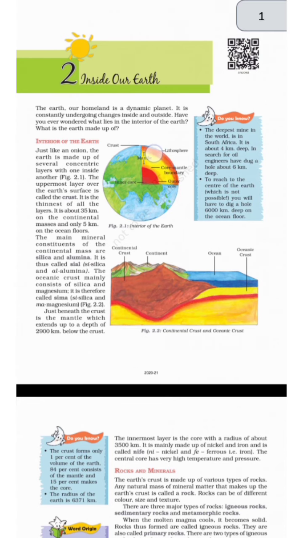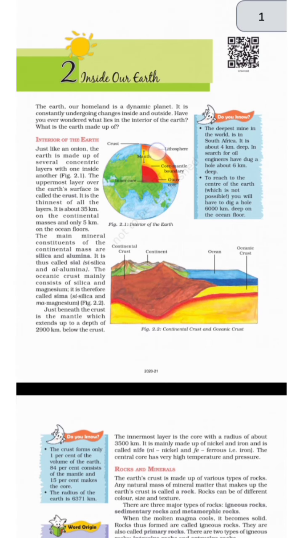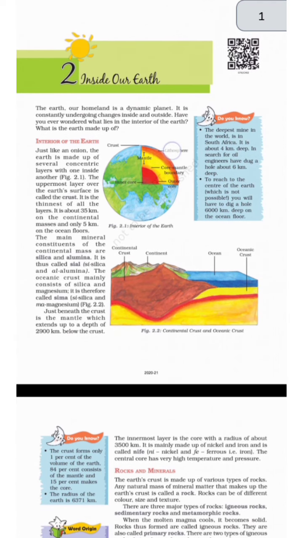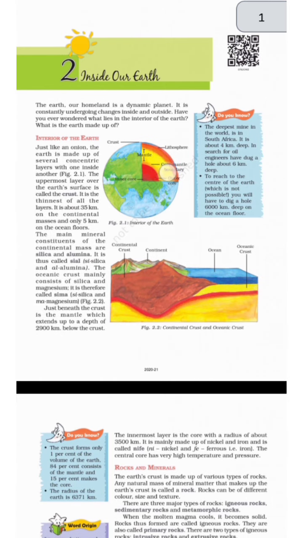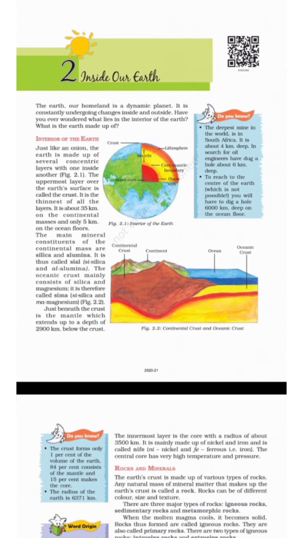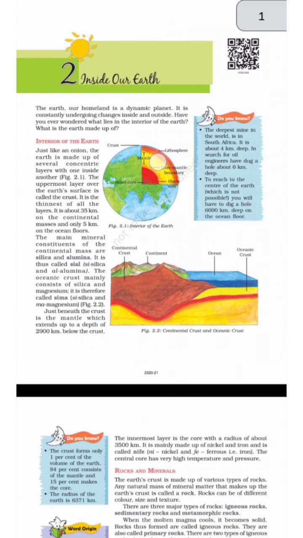The top layer of the Earth is called the crust. The depth of this crust is smaller than the other layers. Look at this. The depth of the crust is lower than the other layers. So this is the thinnest layer of the interior of the Earth.